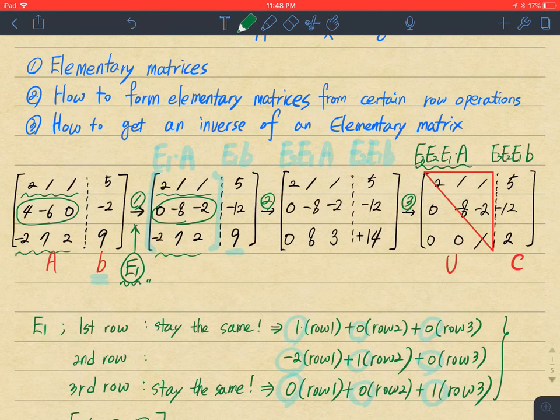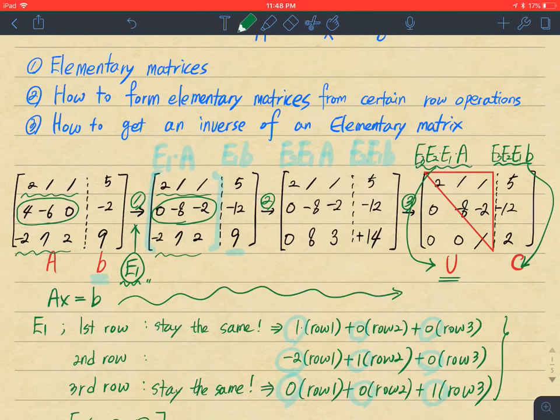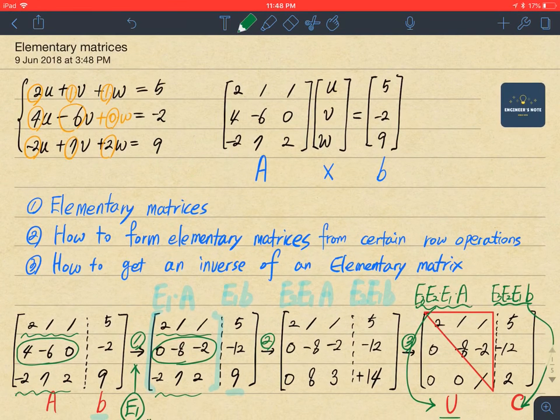So E3 E2 E1A becomes U, and this becomes C. This is called an upper triangular matrix because it looks like an upper triangle. So AX equals B becomes UX equals C.